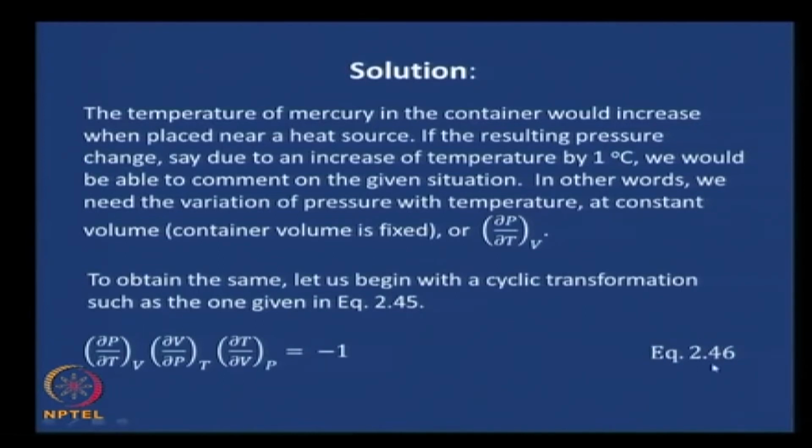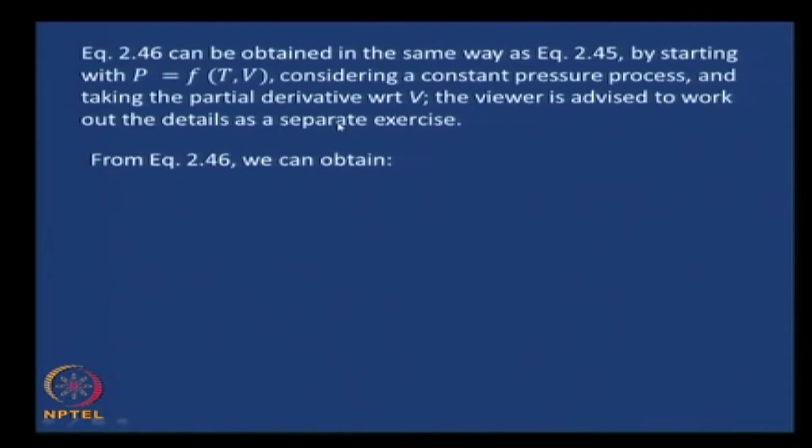We will call this equation 246, but I do not want you to take this at face value as I give you here. I am going to give you some extra time to work on the side of this problem.